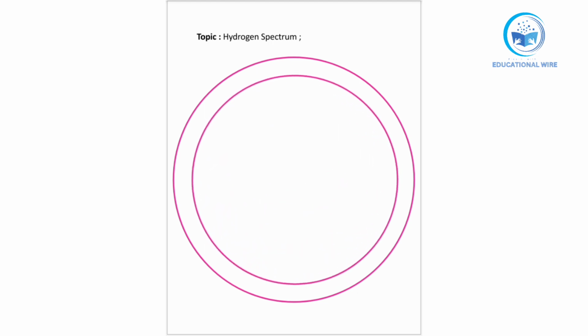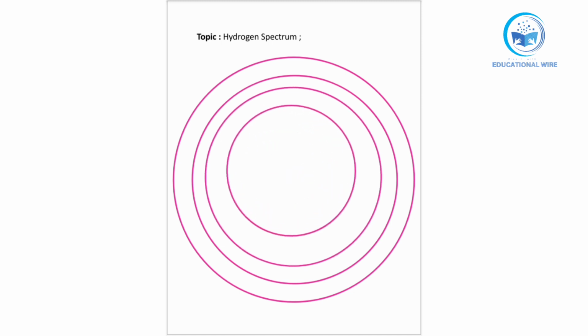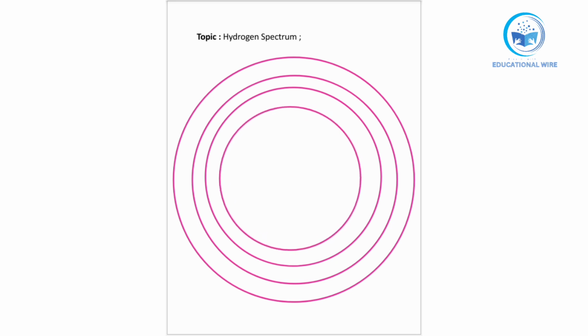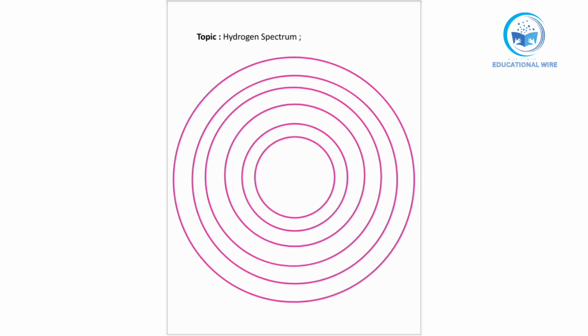After that, we have another, O. Then we have N. Then we have M. Then we have L. Then we have K. Then this is our nucleus.